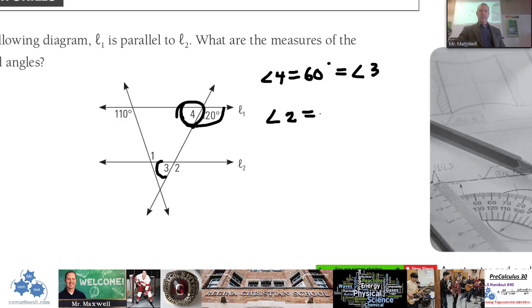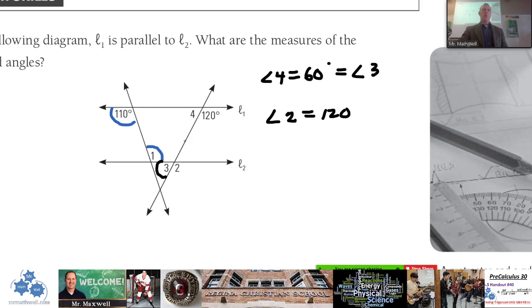Angle 2, supplementary to 3. Very good. Angle 2 is 120 for two reasons: because 120 and 2 are corresponding angles and they are identical, but also 3 plus 2 should be supplementary. So 60 plus what? Well, 120. Okay? 120 and the angle 1, what relationship would they have, do you think? They're the same. Yeah, they're the same as well. Okay.